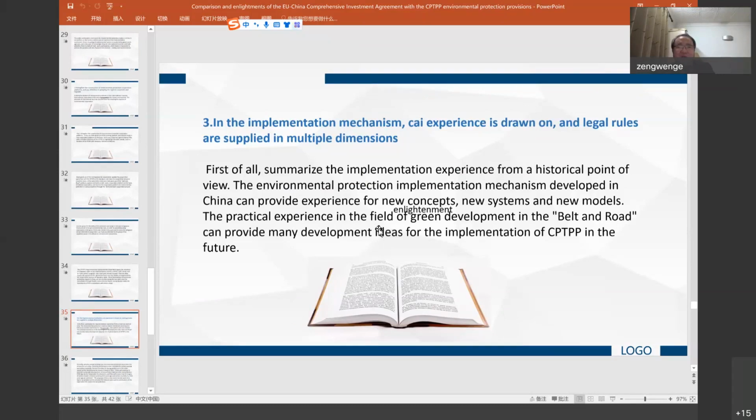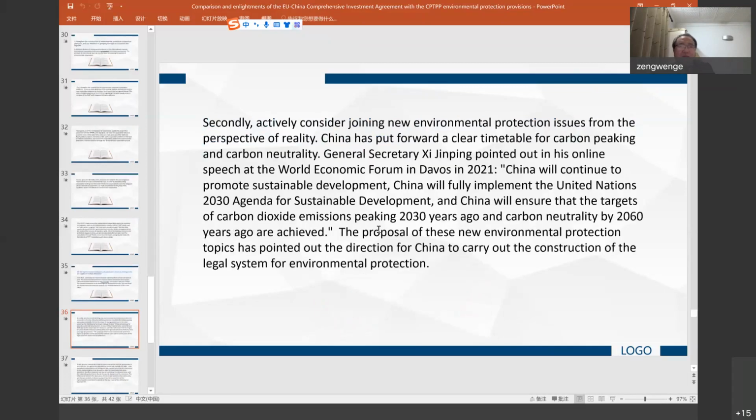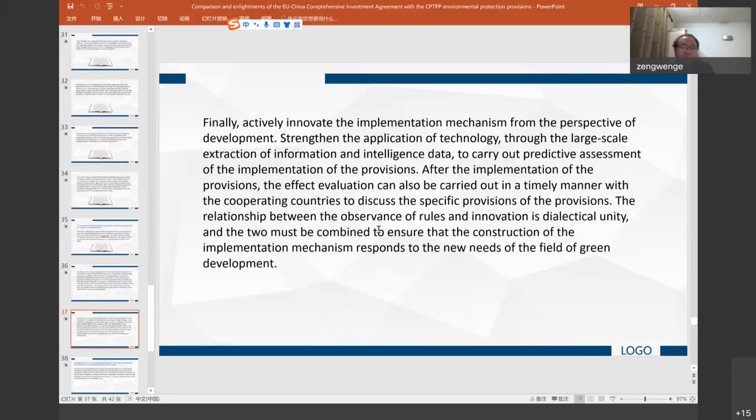The practical experience of green development is built on that. So we can provide a model for the implementation of CPTPP in the future.